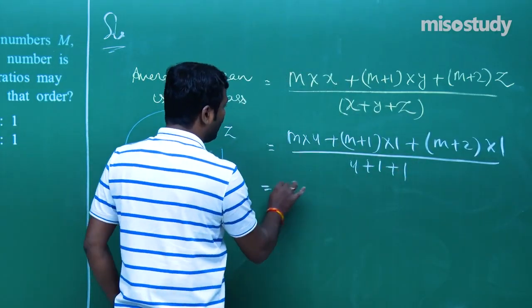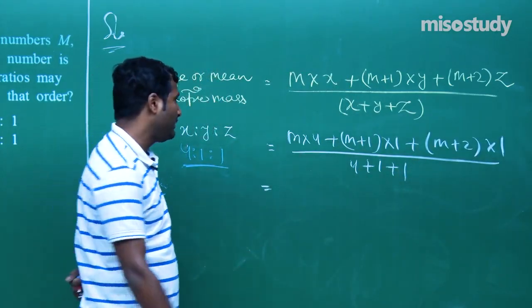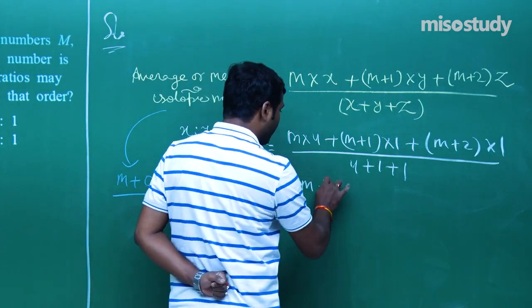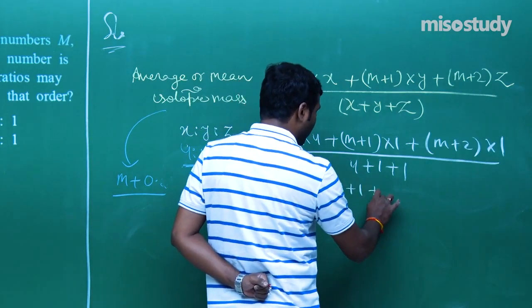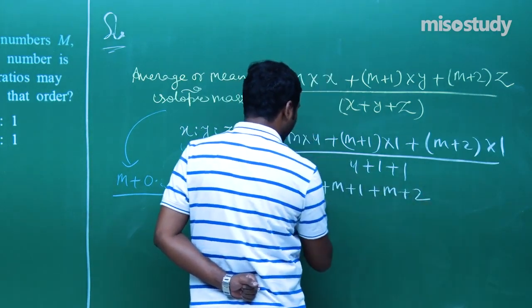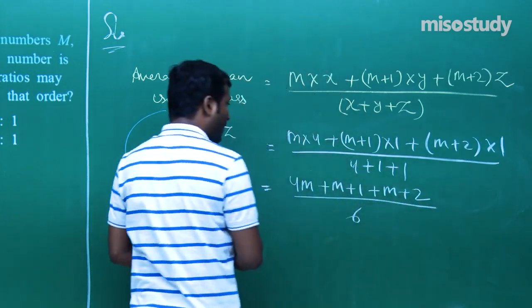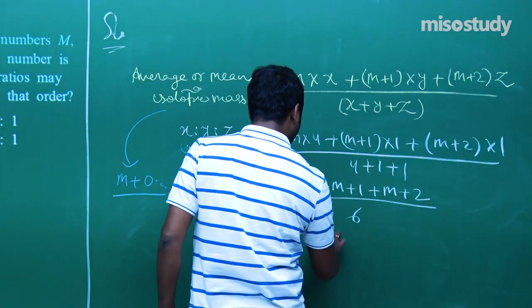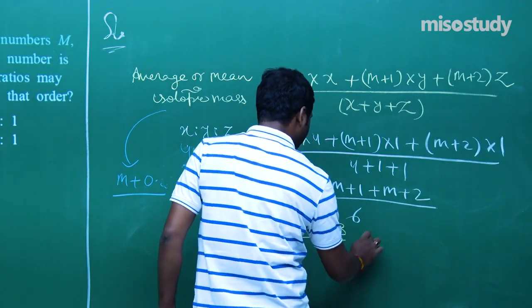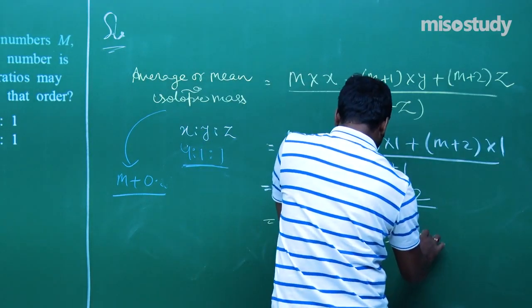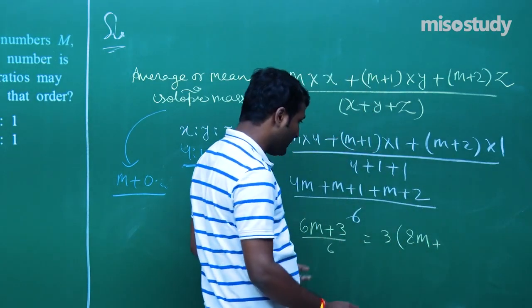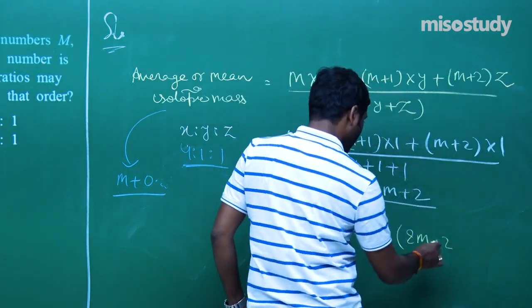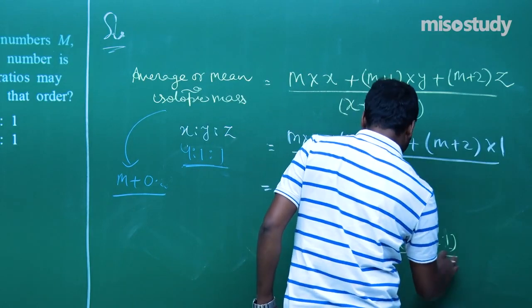Clear to you? Now what will happen? That is 4m plus m plus 1 plus m plus 2, am I right, upon 6. Now 4m plus m plus m is 6m plus 3 divided by 6. Now 3 comes as a common factor, so 3 times (2m plus 1) divided by 6.